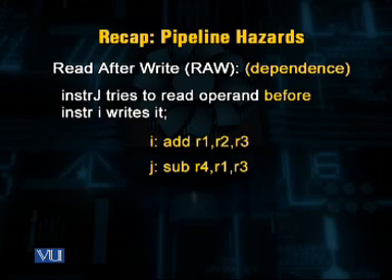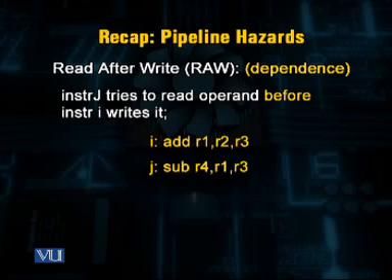This you can see from this slide with the help of these two expressions, where the instruction I is add to register R2 the value from register R3 and place the result in register R1. Whereas the instruction J is subtract R3 from R1 and place the value in R4.